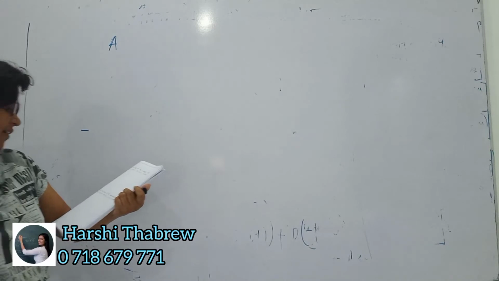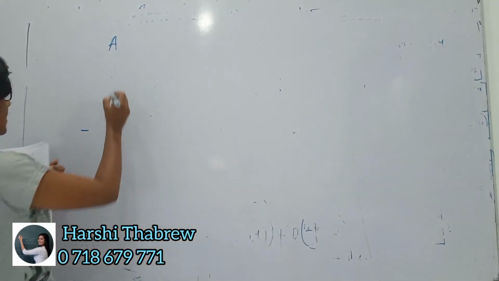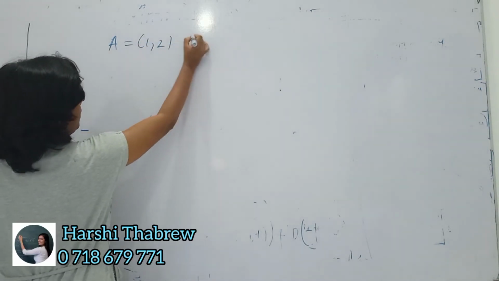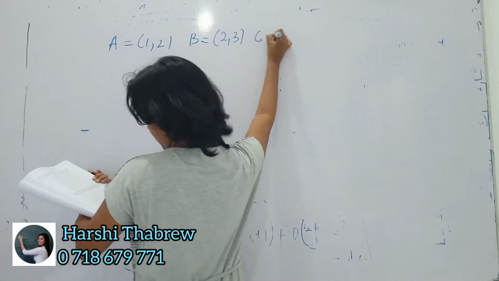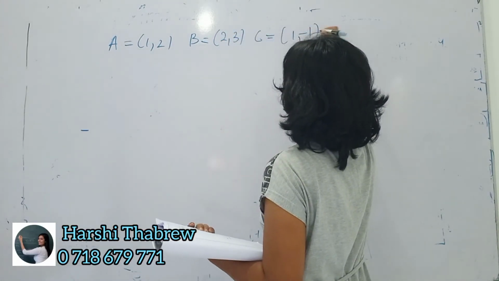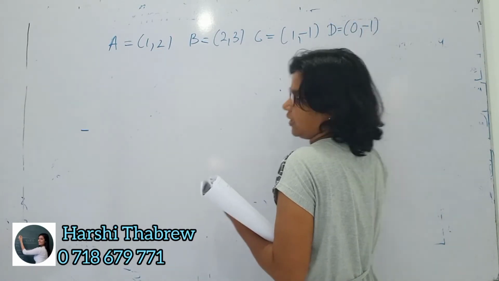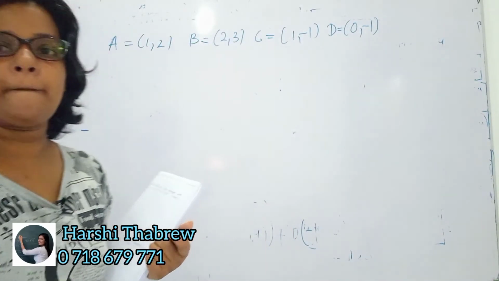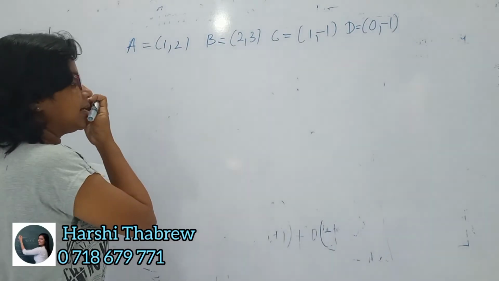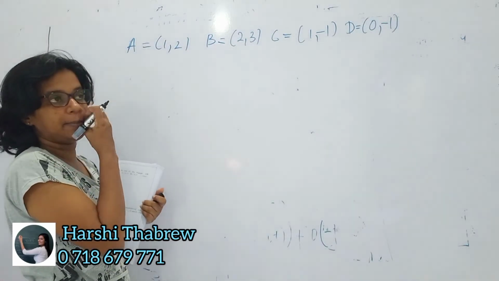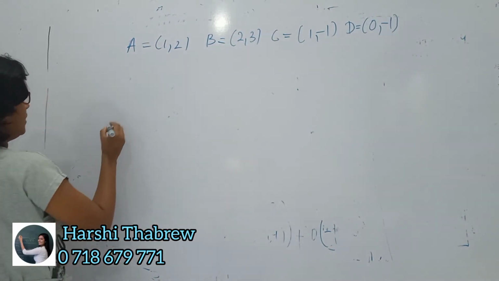In the next question, we have to find the area of the quadrilateral. The vertices are given. Then A equals 1, 2, B equals 2, 1, 3, C equals 1, negative 1, D equals 0, negative 1. Right? Then let's find how to find the area of this. You know, a quadrilateral can be separated into two triangles along a diagonal, right?